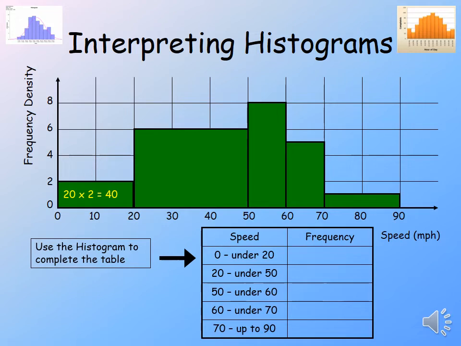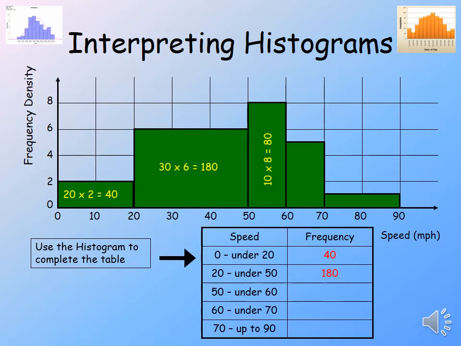So the density is 20, and the frequency, the speed, the area is 20, and the density is 2, so that's 40. In the second one, that rectangle is 30, because it goes from 20 to 50, and we multiply that by the density, and that's 180.